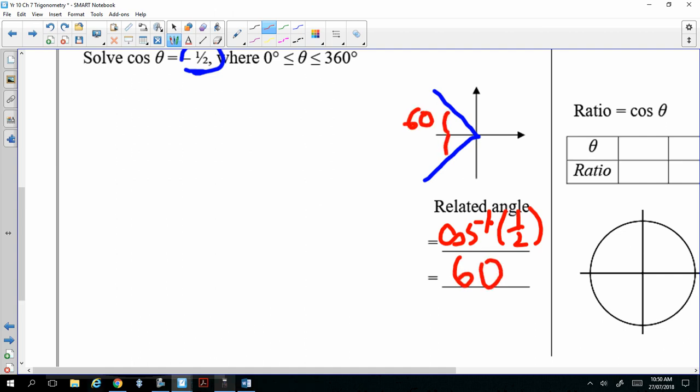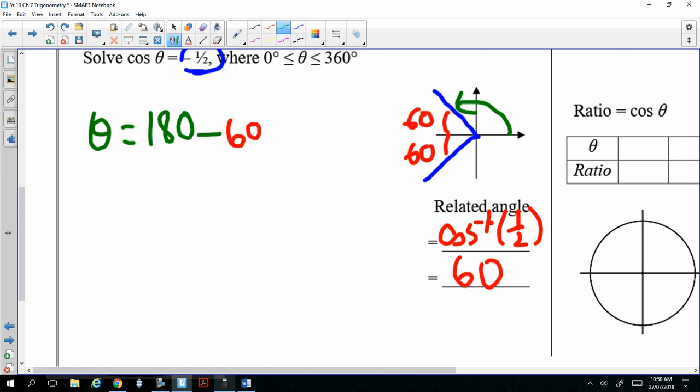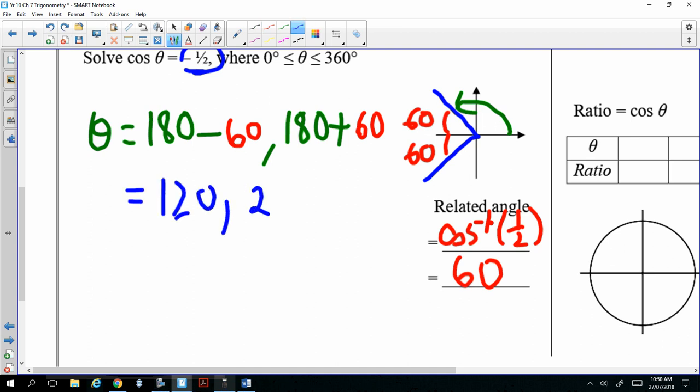Theta is 180 minus 60, or 180 plus this related angle. Of course your calculator only gave you the obtuse angle, but not the other reflex angle. That's why you have to find the related angle in order to find the two possible answers to these trigonometric equations. And the final part of the course is where you have to learn how to draw the graph.